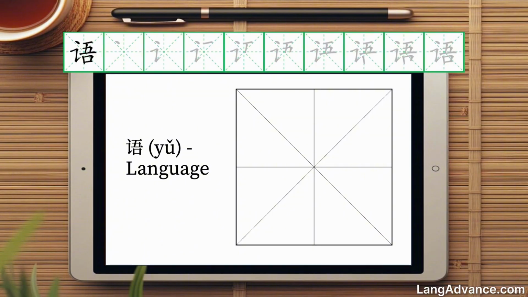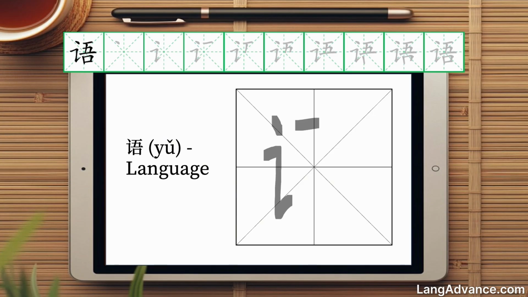Let's learn 语, which is language. You will find this word in whatever language you're trying to learn. For example, Chinese, 汉语, or Korean, 韩语, or English, 英语. So this 语 is the language of English, the language of Chinese, the language of Korean, whatever.